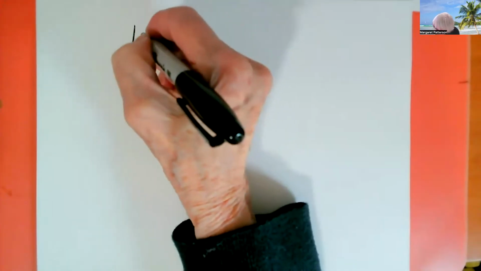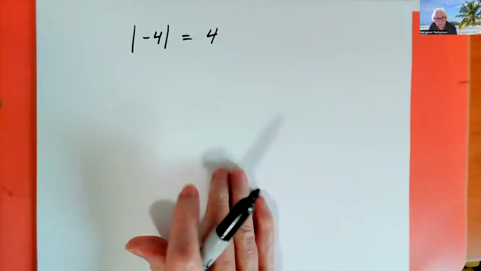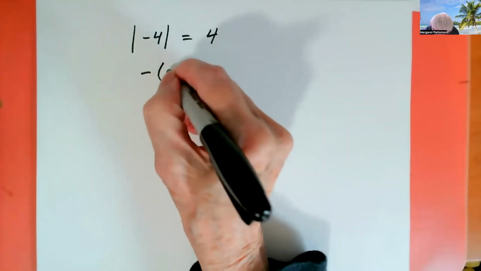And so I think that first section, 10.1, which is due tomorrow, should be fairly simple. Can you do absolute value? And the answer is 4. Can you do the opposite of a number?